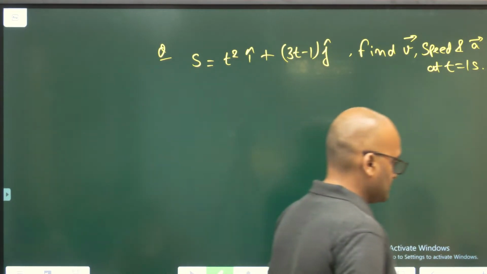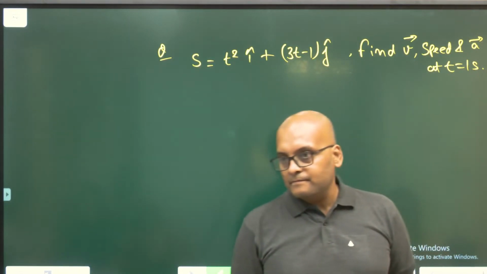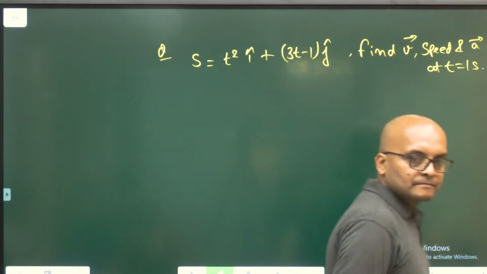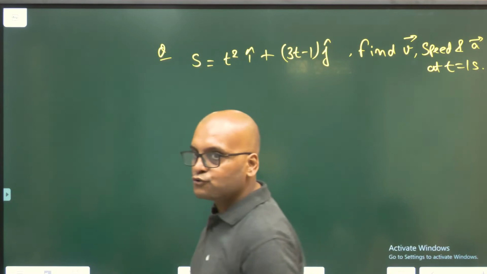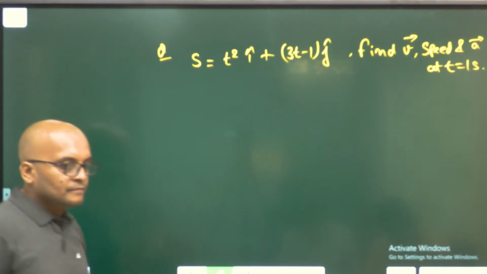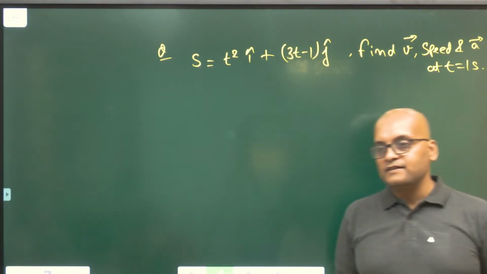Yes, Shireen, what is the answer? Velocity is 2I cap plus 3J cap, and speed is 4 meters per second.